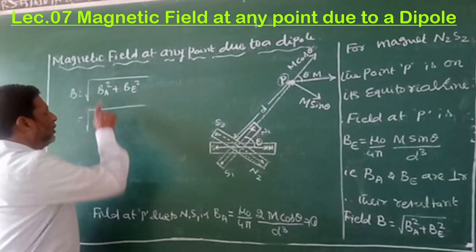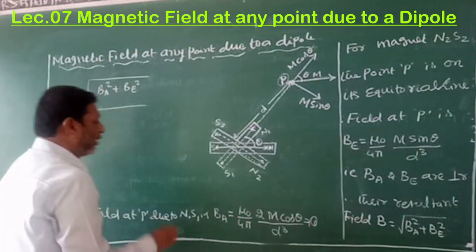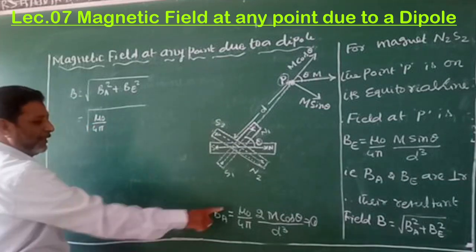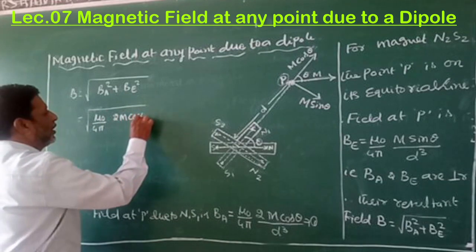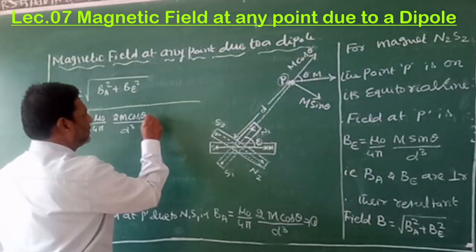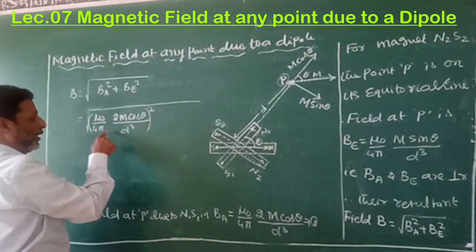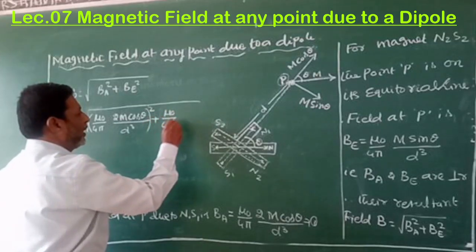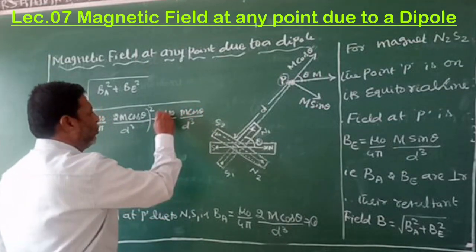BA is equal to mu naught divided by 4 pi, 2M cos theta divided by d cube, plus BE square, which is mu naught divided by 4 pi, M cos theta divided by d cube, whole square.